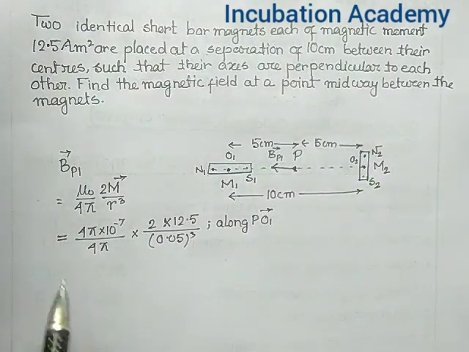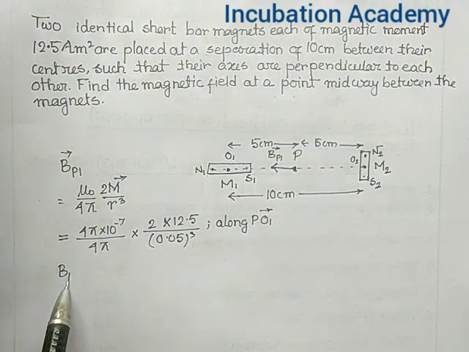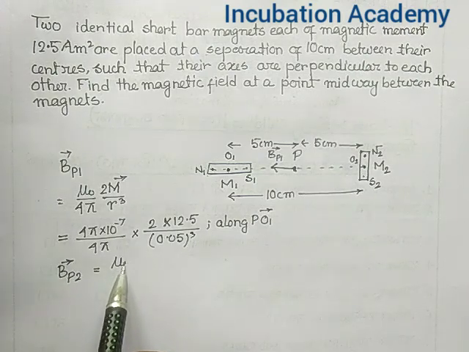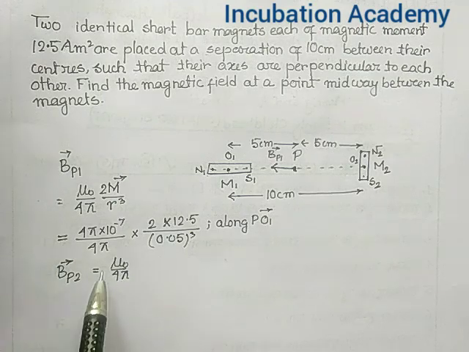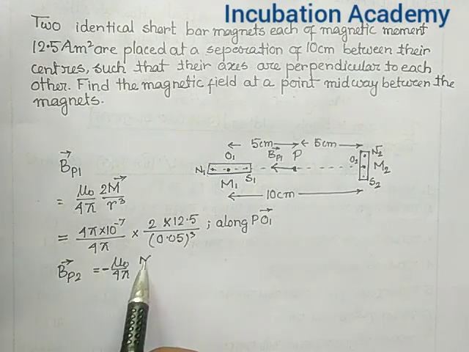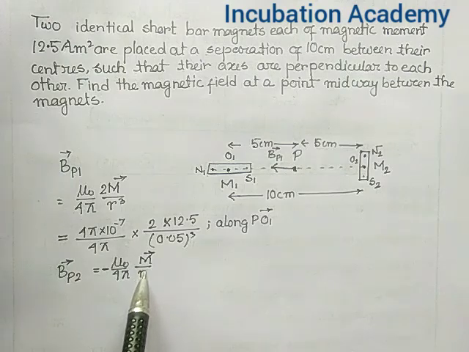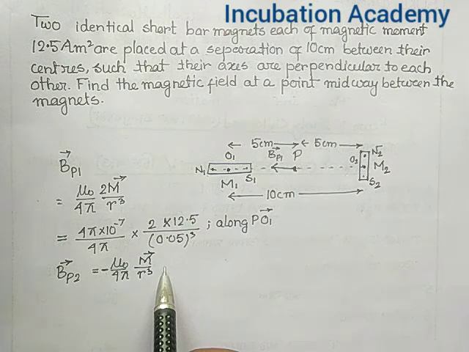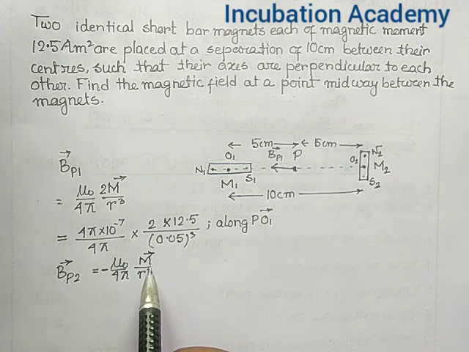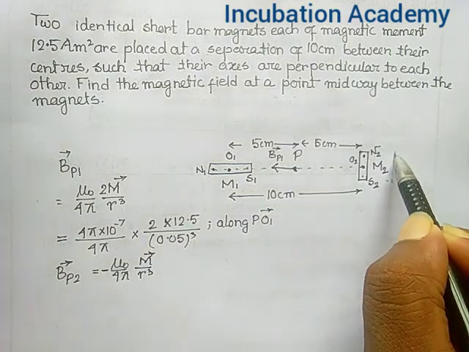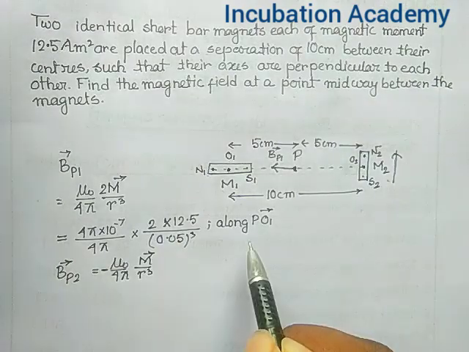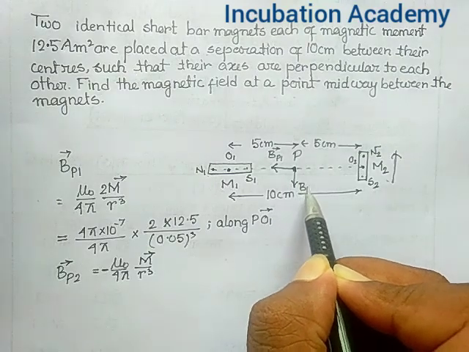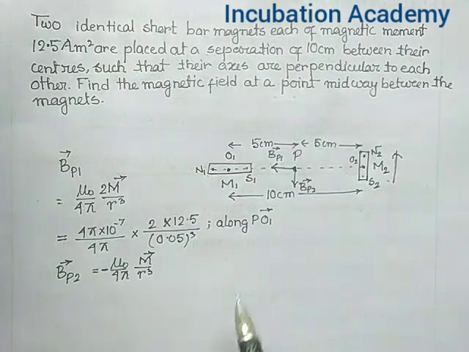Now if I try to write down the magnetic field at the point P due to this magnet M2, I can write BP2 equal to mu naught divided by 4 pi, negative sign here, m vector divided by r cube. So it is indicated that if the magnetic moment is from south to north in that direction, then the magnetic field is in the opposite direction. So this will be the direction of the BP2 vector.